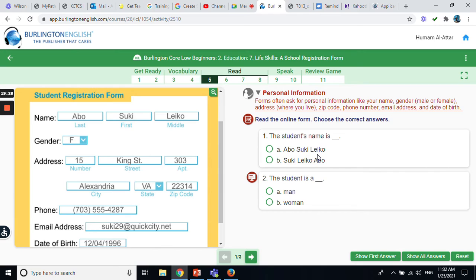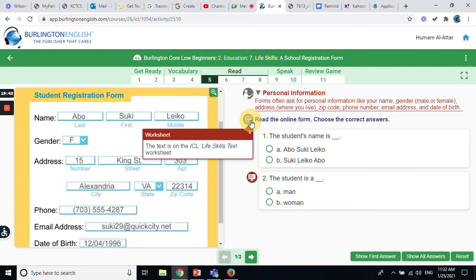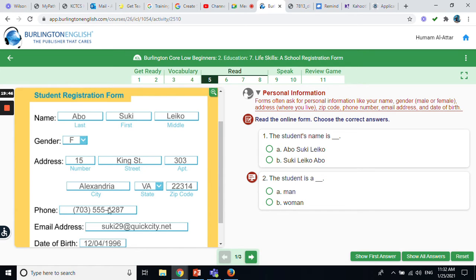Abu Suki Lieko or Suki Lieko Abu? Oh, okay. And the first question here, number one, we're asking about the student's name.